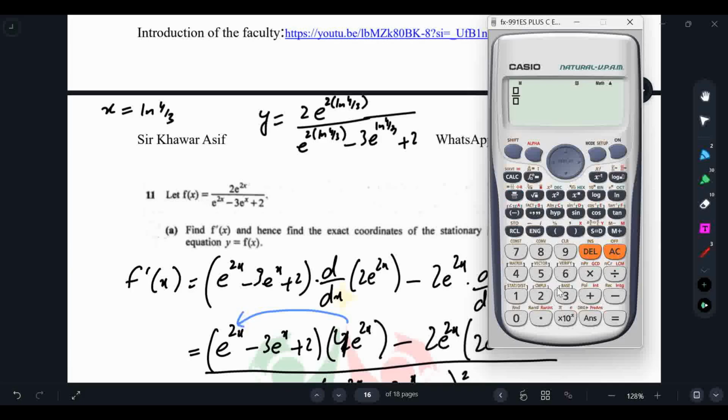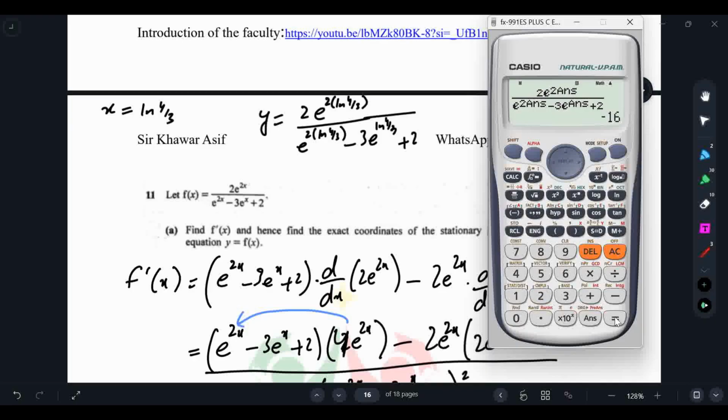So fraction, 2 e power 2 into answer, where answer is natural log of 4 by 3, then in the denominator e power 2 into answer, minus 3 e power answer, plus 2.